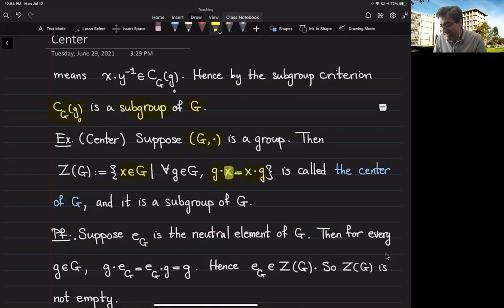So X needs to commute with all G inside the group. For all G inside the group, we need to have G dot X equal to X dot G. The collection of such elements is called the center of G, and we denote it by Z of G. Claim is that this is a subgroup.